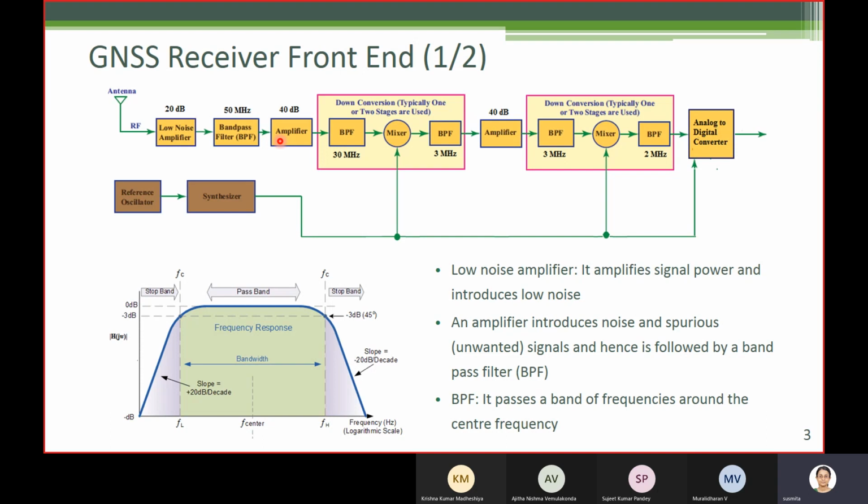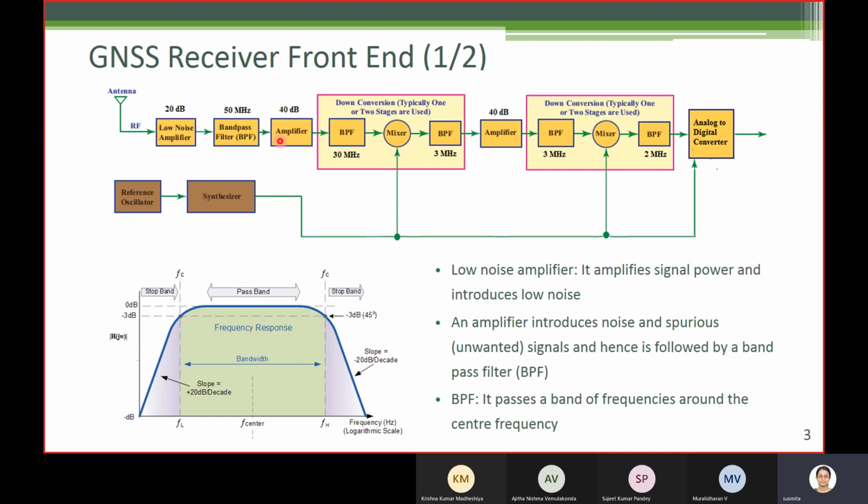So you just do log 10 of 10 to the power 10 and multiply by 10 outside. You get 100 dB, because 10 to the power 10 gives you 10 outside and you already have 10, so 10 will be multiplied with 10, 100 dB. So 100 dB power amplification means you are amplifying the power 10 to the power 10 times.